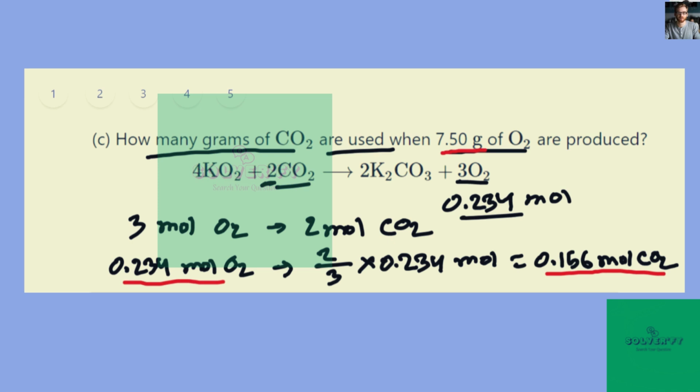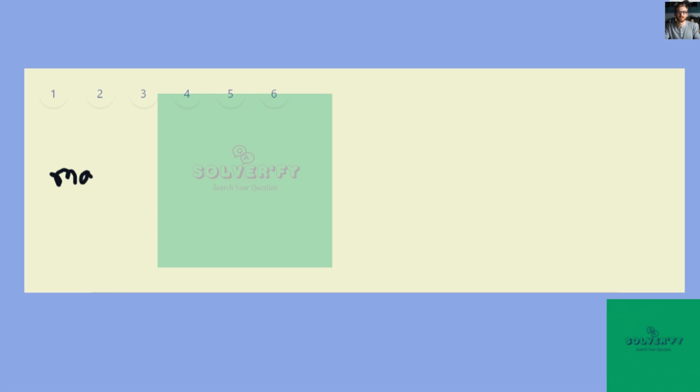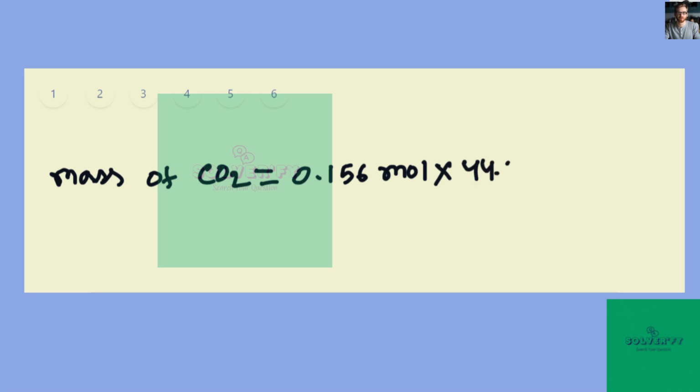Now we have to convert this number of moles of CO2 to grams, and we can do that by simply multiplying this number of moles by the molar mass of CO2. So the mass of CO2 which is required is equal to the number of moles of CO2, which is 0.156 mole, times the molar mass of CO2, which is 44.01 gram per mole.